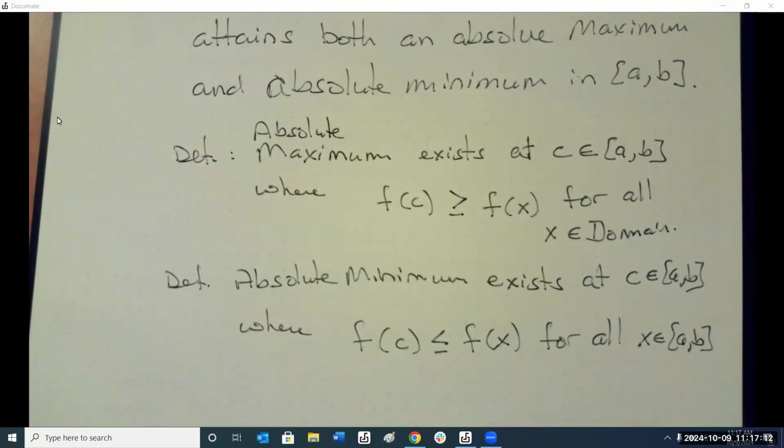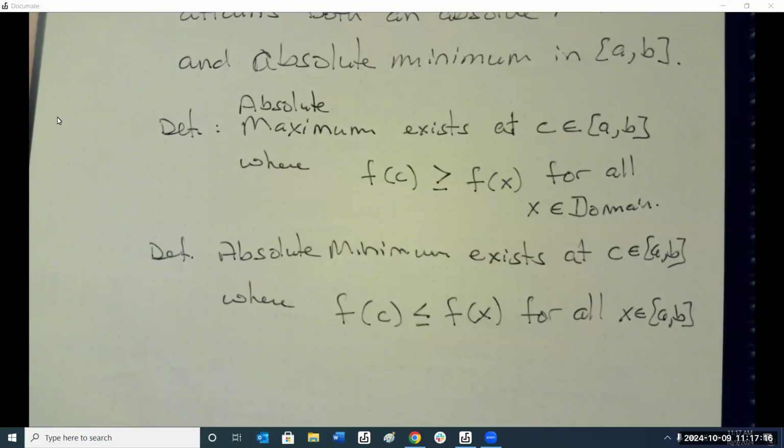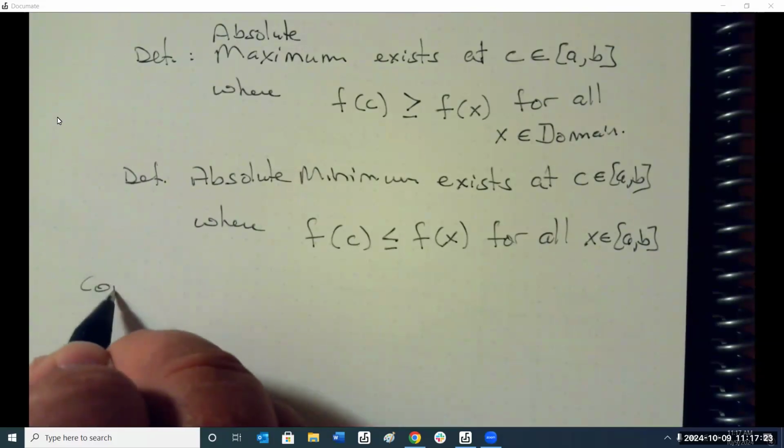All right, so that's what we'll be looking at in this section. So in this theorem, the conditions.